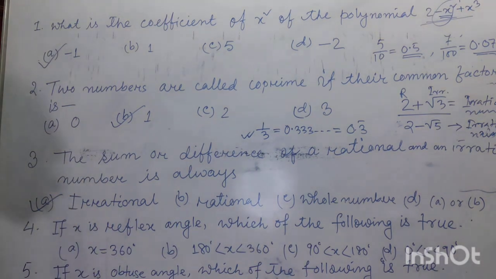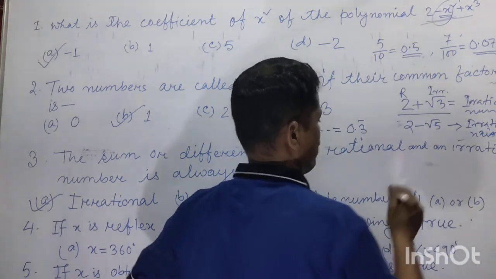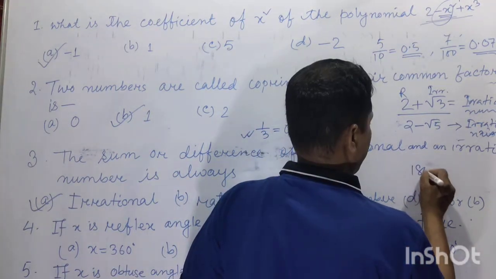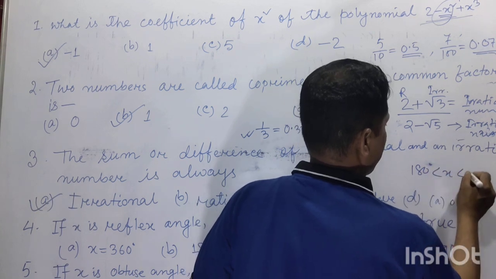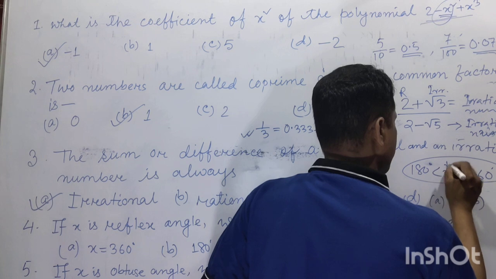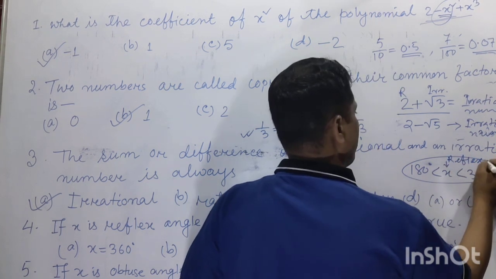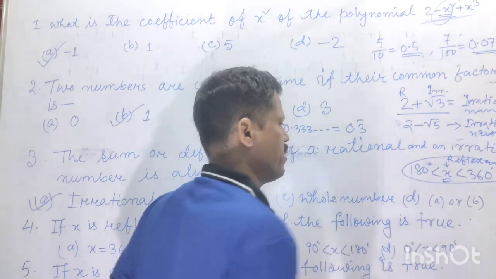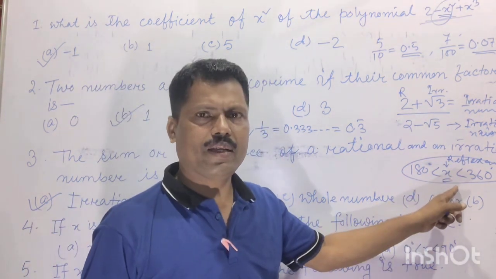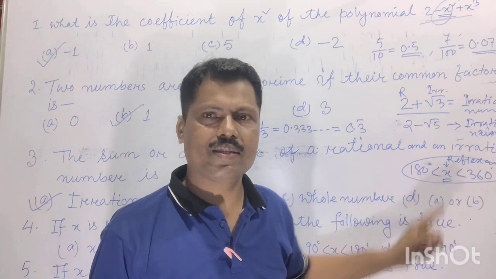For a reflex angle, we know the value is always greater than 180 degrees but less than 360 degrees. So if we consider this x as a reflex angle, then this angle measure is always greater than 180 degrees but less than 360 degrees.